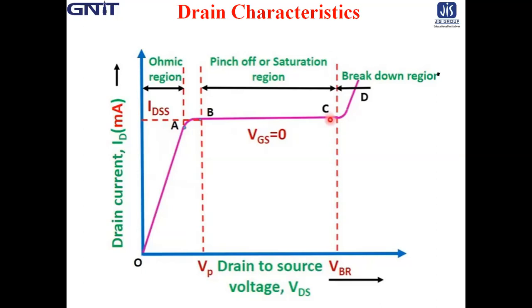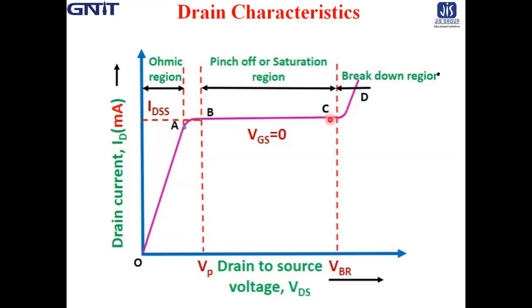Next, when VDS is increased beyond C, ID increases sharply. The region CD is basically called the breakdown region. The rapid increase of ID in this region is due to the breakdown of the reverse biased gate to source junction caused by impact ionization and avalanche multiplication of carriers.